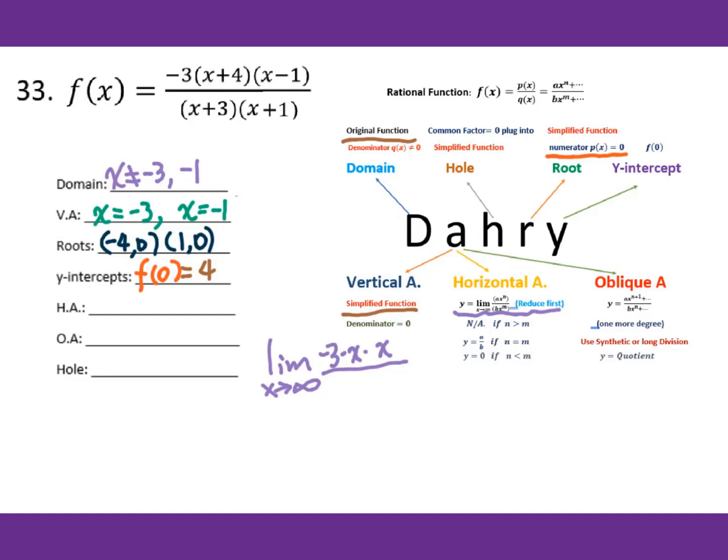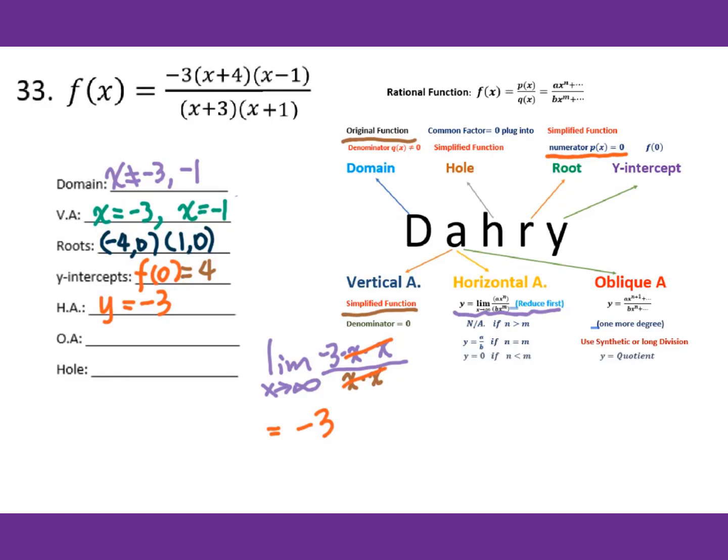Just make sure for each factor you get the leading term. Denominator, that will be x times x. Reduce, you will get -3. Therefore, y equals -3 will be the horizontal asymptote line.